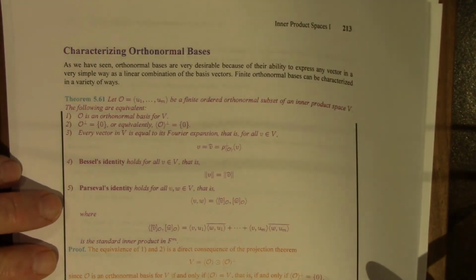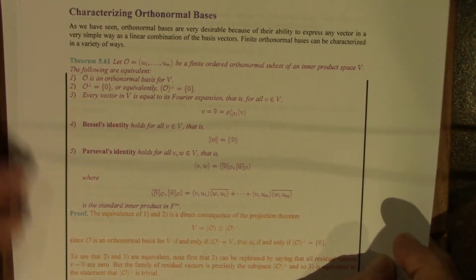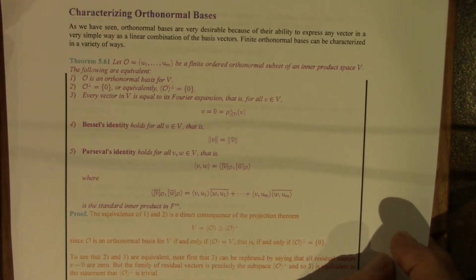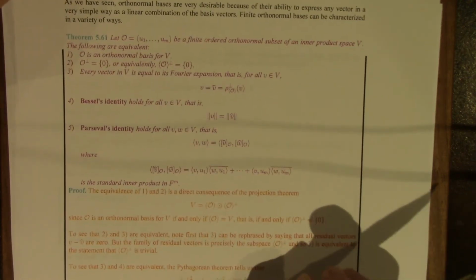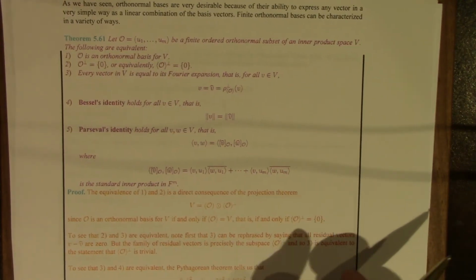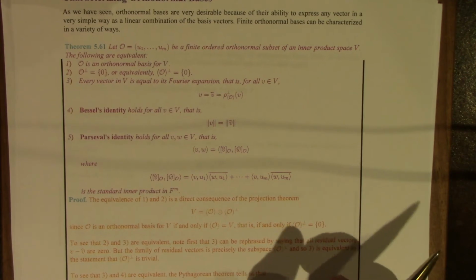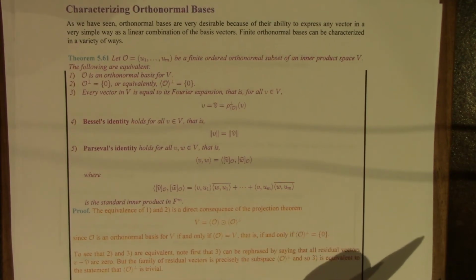Well, we've seen that orthonormal bases are rather important, especially because of their ability to express any vector in a very simple way, at least theoretically, as a linear combination of basis vectors. In other words, the coefficients in the linear combination are just inner products of the original vector with the basis vector.